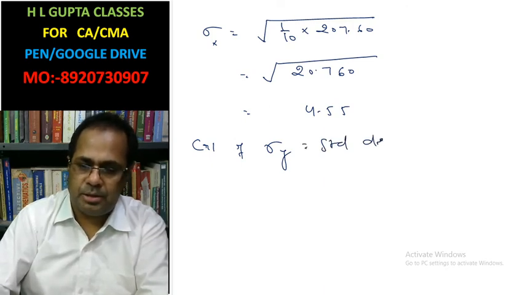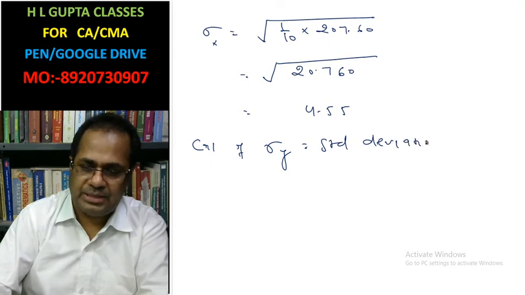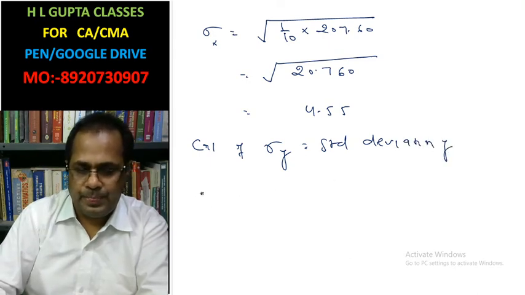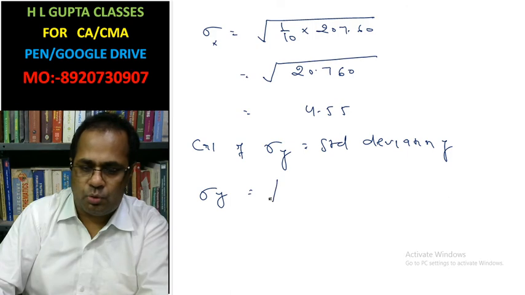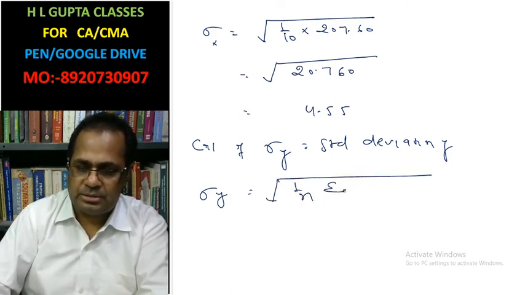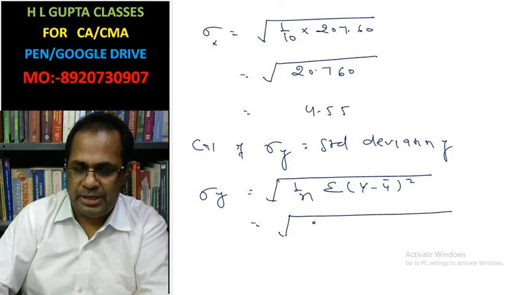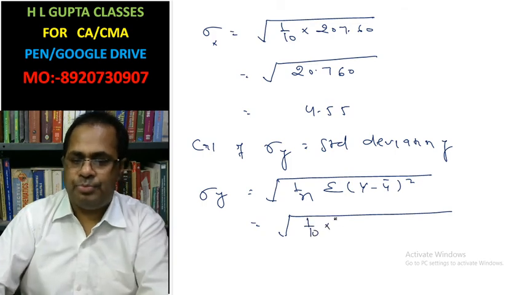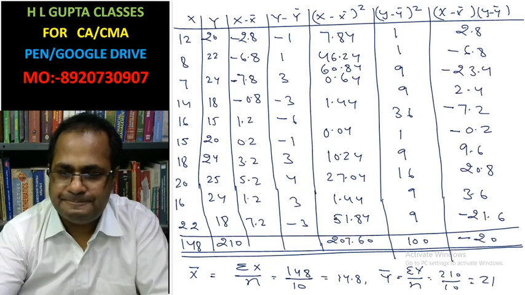Now calculation of standard deviation of y. Standard deviation y equals root under 1 upon n summation (y minus y bar) whole square. 1 upon n is 1 upon 10. What is the sum of this?